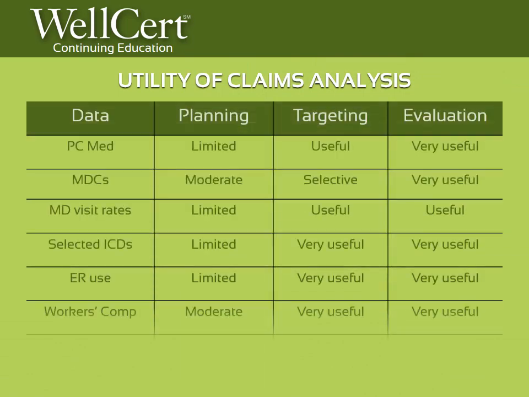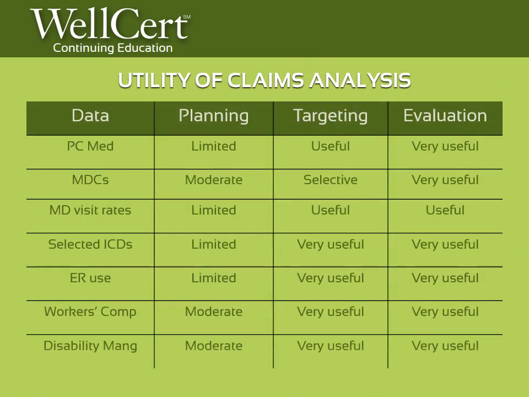Now, the utility of claims analysis, if we try to capture its 3 major utilities: the planning utility, the targeting of individuals that I can reach out to proactively, and the evaluation of the overall wellness program. We've tried to give you some idea about the types of data, so we can look at the issue around the primary care medicine, the MDCs, the major diagnostic categories, the MD visit rates, the selected ICDs.